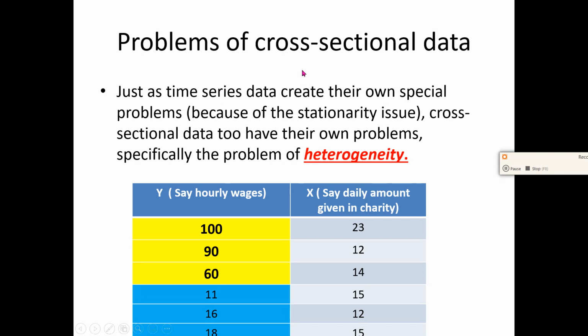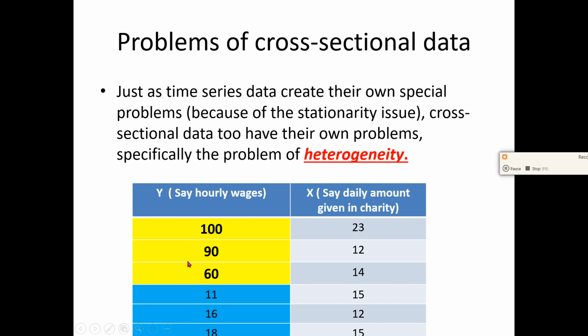So what are the problems of cross-sectional data? Let's say we have another cross-sectional data here. In this case we have two random variables. Y is the hourly wages of a person and X is the daily amount that person gives in charity. So if the hourly wage is 100, then the charity is 23. If the hourly wage is 90, then the charity is 12, and so on. What is the issue in cross-sectional data is that the variation patterns are different.